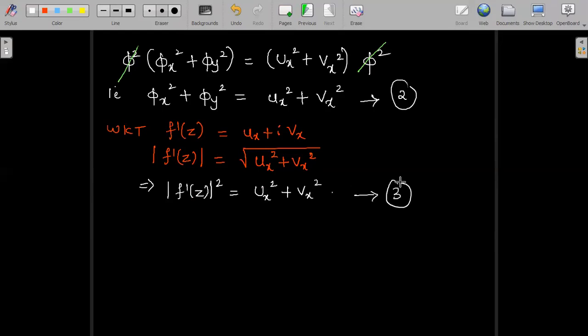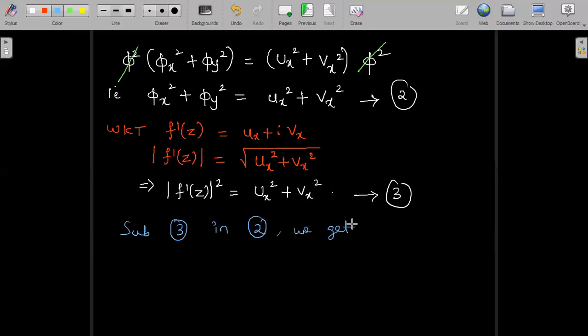Now we substitute equation 3 into the right hand part of equation 2, that is, ux square plus vx square is substituted as mod f dash z whole square. We get the required answer now.